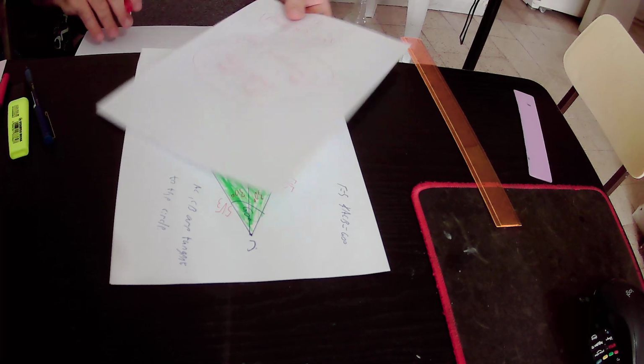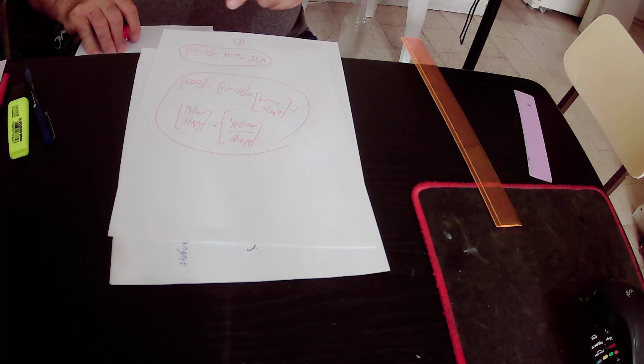Again, the area of triangle CPQ minus the area of the circle equals the area of the green shape plus the area of the blue shape plus the area of the yellow shape.